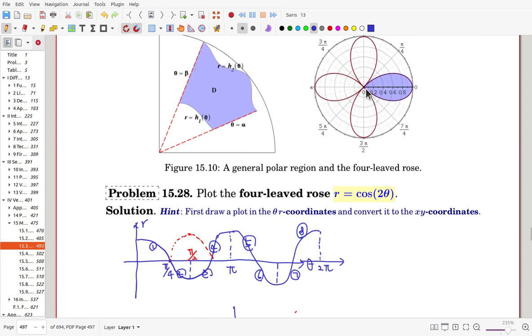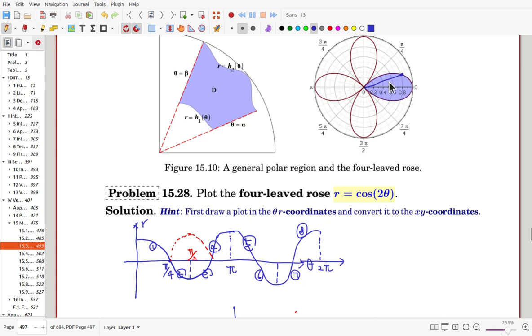And now the angle is from, if we consider that one as minus pi over 4, then it's okay. Minus pi over 4 to pi over 4, and that's the angle. This is a polar region. And R is from here to, you can access this region radially from here to that one.